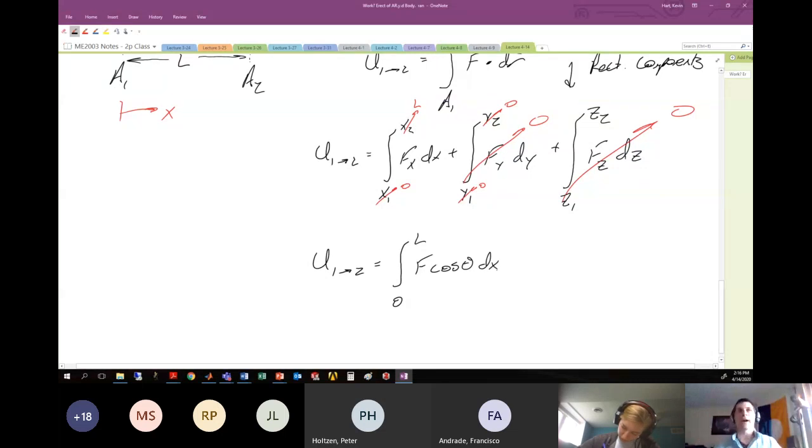If you're looking at what the work of this force is doing as we move that box from left to right, then doing this integral, assuming that force is constant, this will result in something like F L cosine theta.